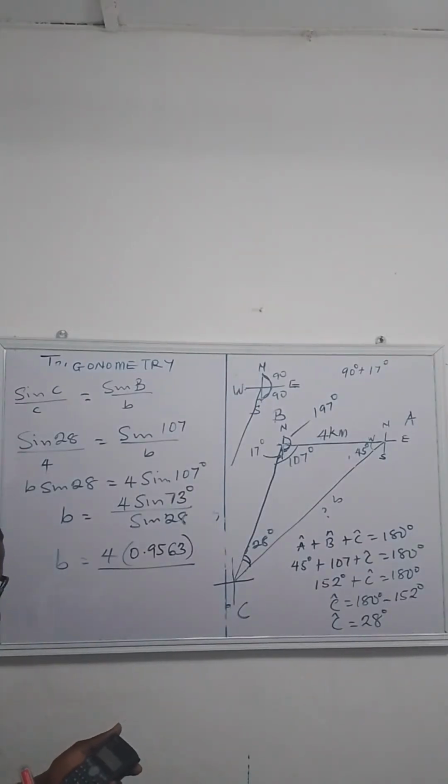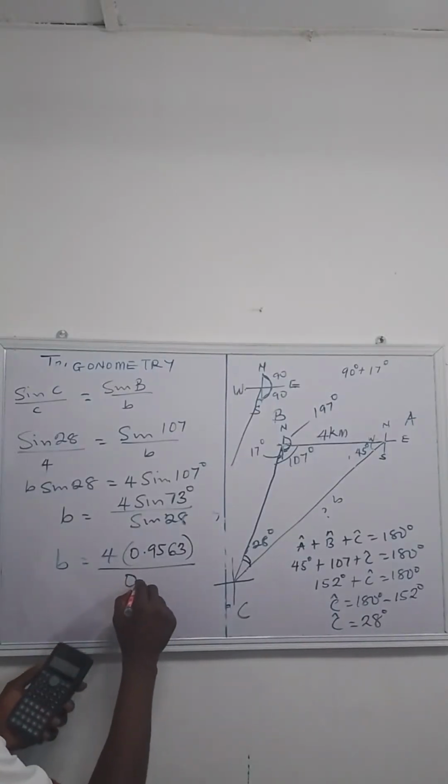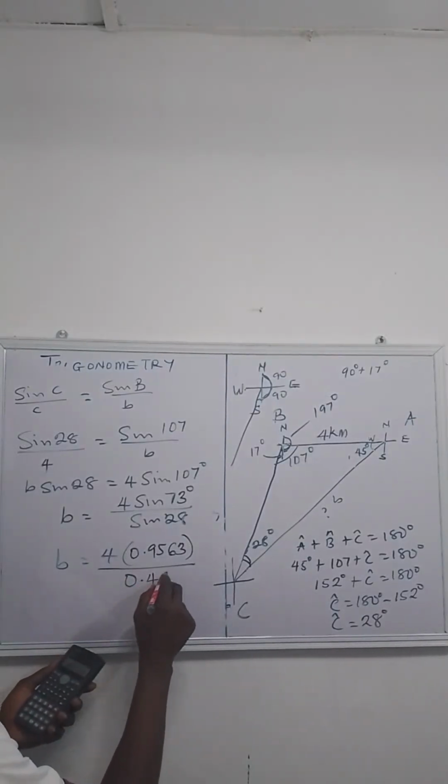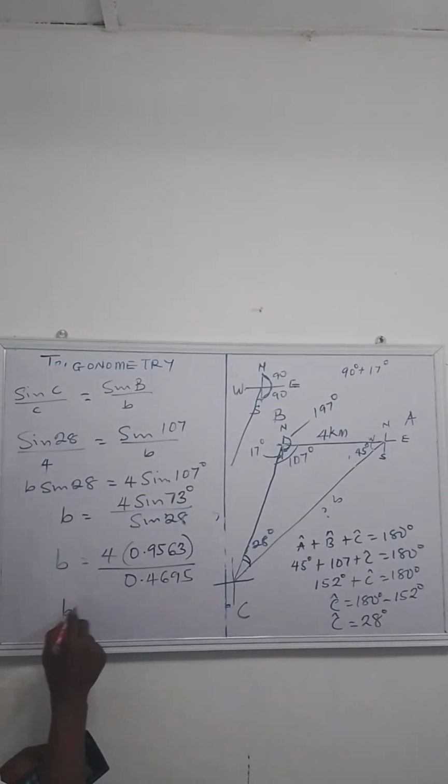So what do you have as sine 28? Drop your answer and let's see, maybe it's the same as what I'm going to have here. If you do it correctly, you're supposed to have 0.4695. That's what we have there.